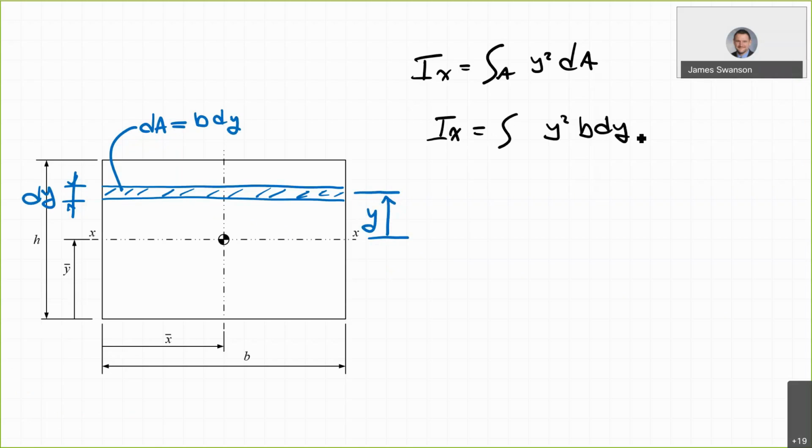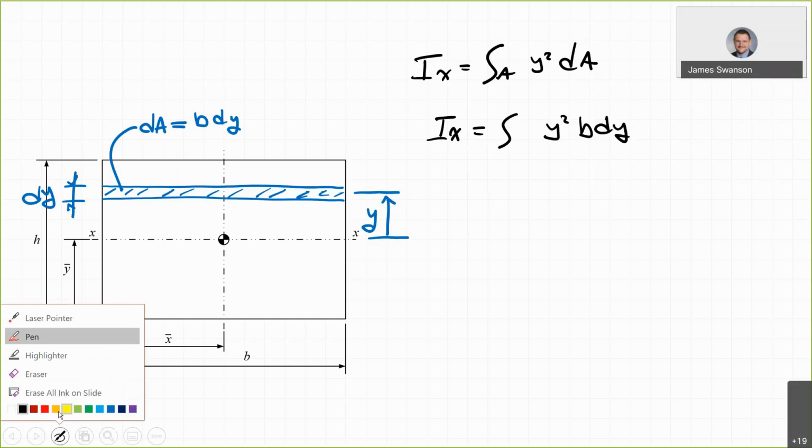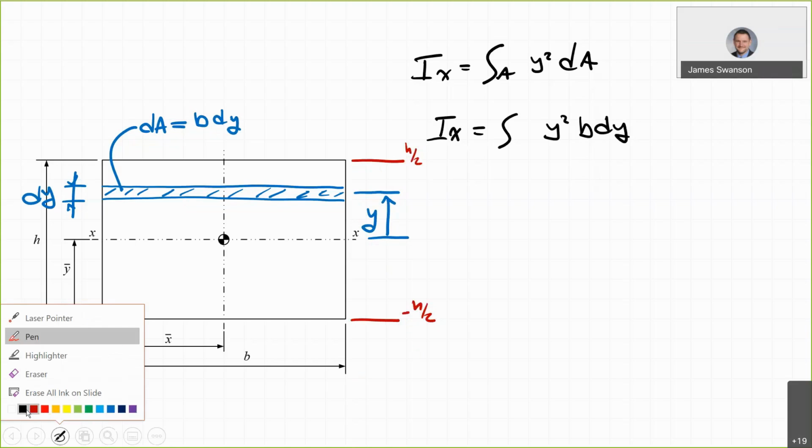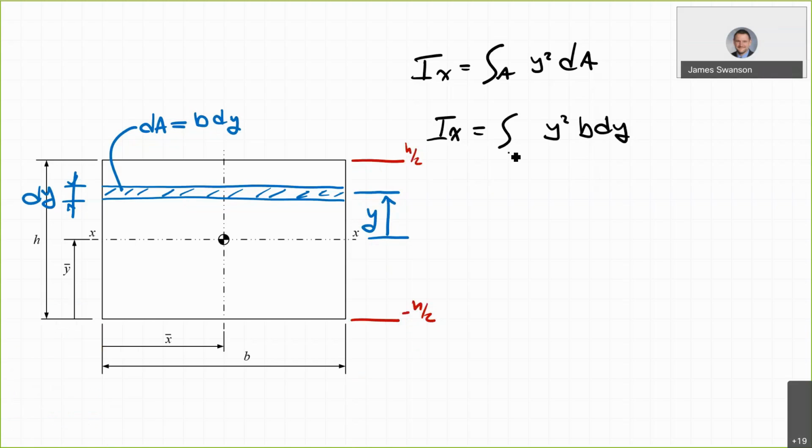If I'm integrating over the area, then I need to go from the bottom of this section all the way up to the top. So I'm integrating from minus h over 2 to a positive h over 2. Those are the bounds of my integral. Here I write minus h over 2, here I write positive h over 2. I wish I had a finer point marker, but I don't.